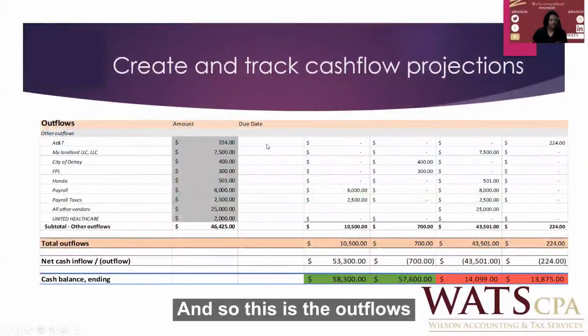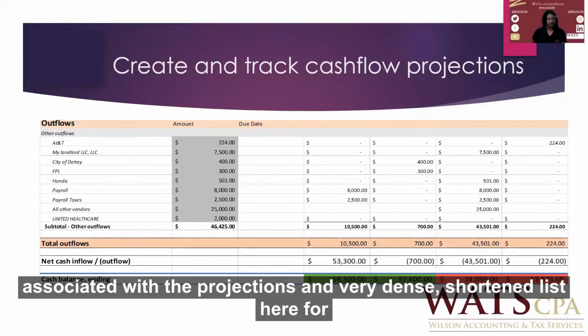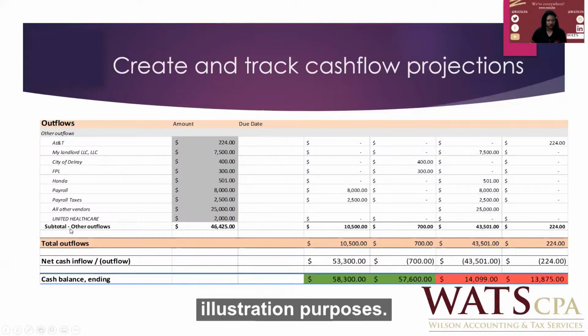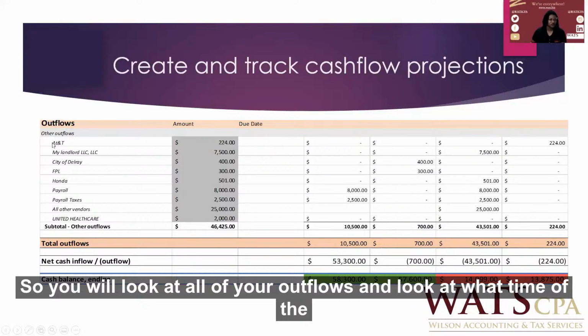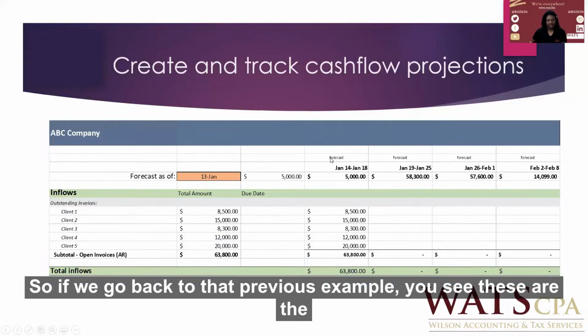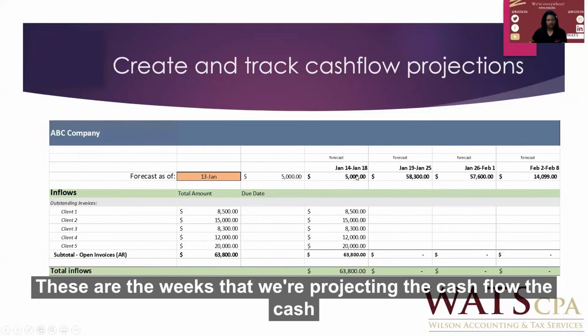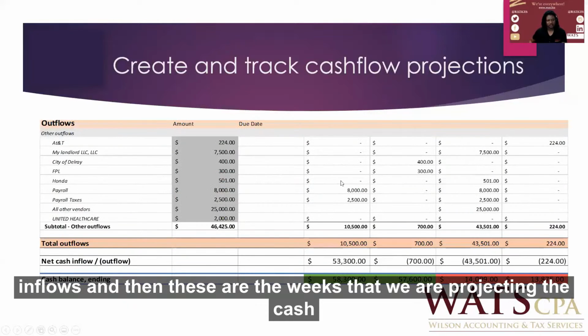And so this is the outflows associated with the projections, a very shortened list here for illustration purposes. So you will look at all of your outflows and look at what time of the month they would come out. If we go back to that previous example, you see these are the weeks that we're projecting the cash inflows, and then these are the weeks that we're projecting the cash outflows.